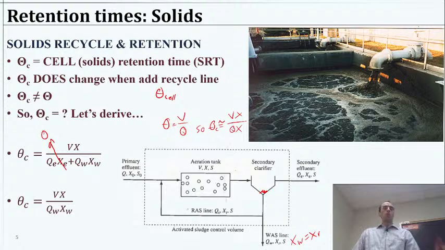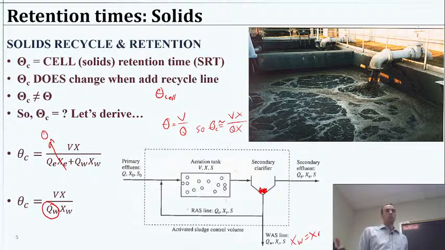And so we notice then that the one piece that we have control over that can control the solids retention time is QW. We can select how quickly we flow that. Now maybe we have some limitation, like we're producing so much solids that we have to waste something.